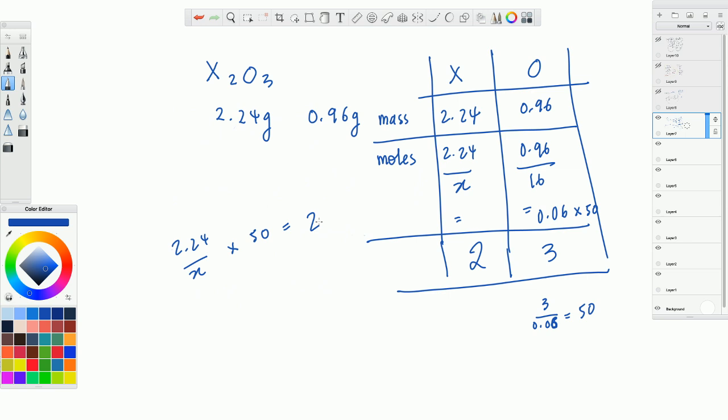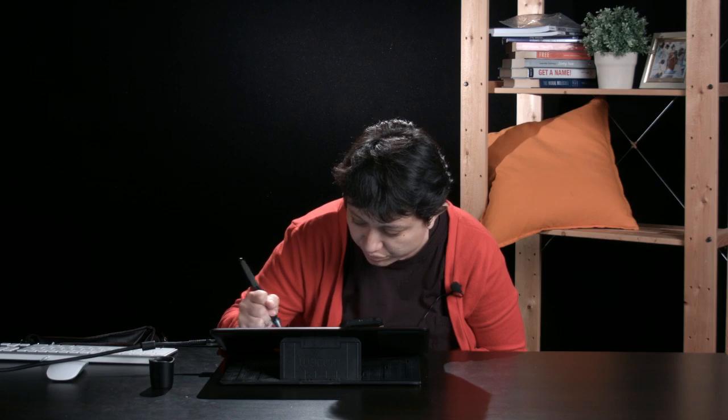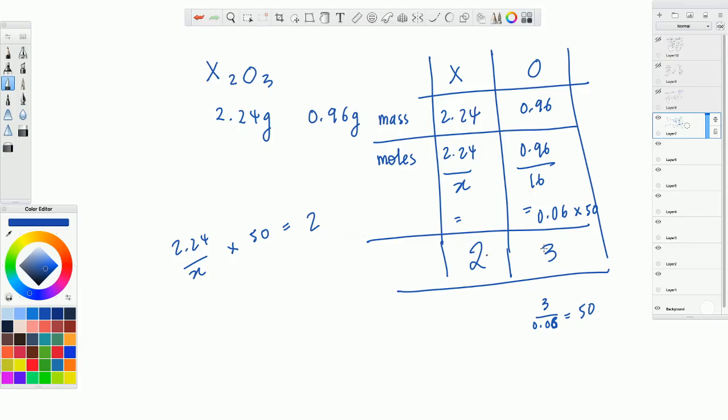Get it? You can do cross multiplication. I'm just trying to explain to you that the ratio of this to this is the same. If here you times 50 to get 3, over here you had to times 50 to get 2.